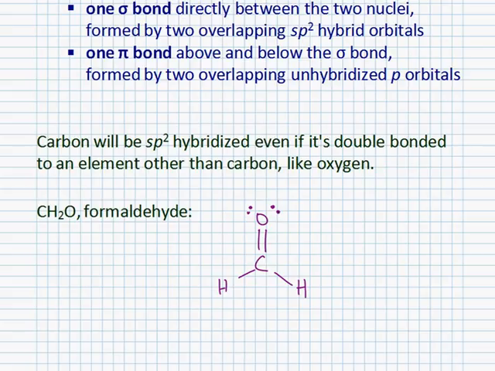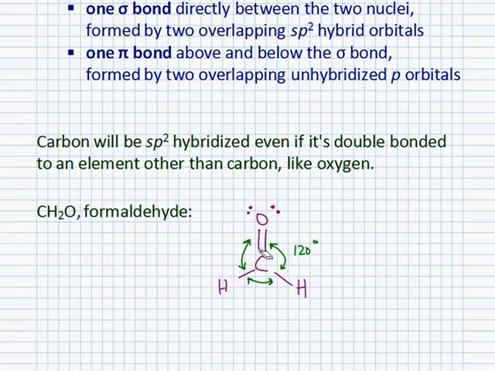So oxygen will have 2 lone pairs for it to have its octet, its 8 electrons around it. So if we look at this carbon, it has 3 bonding groups around it, or bonding domains, like the Pogel book calls them. These 3 bonding groups will be separated by equal 120-degree angles, or something very close.